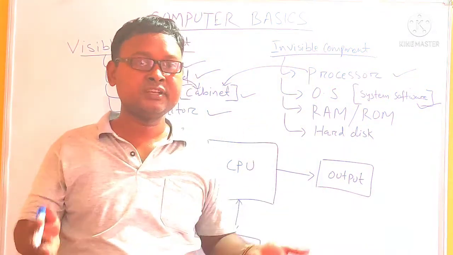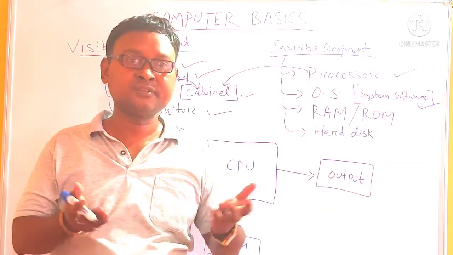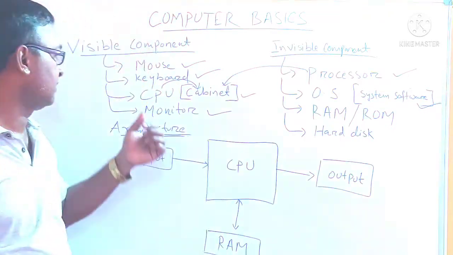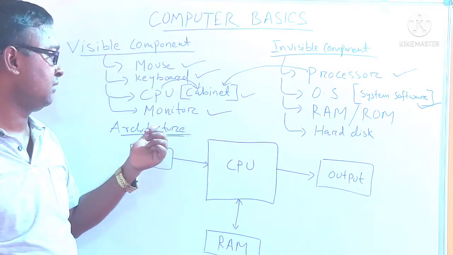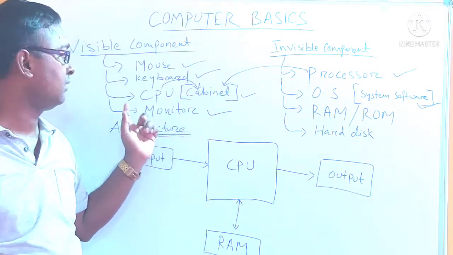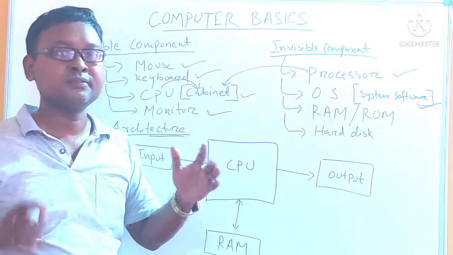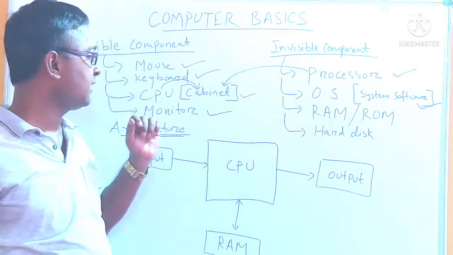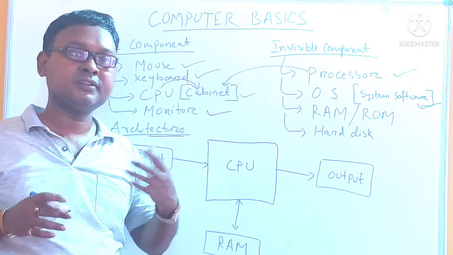The computer you purchased is visible to you: a monitor, a CPU cabinet, a keyboard and a mouse. These four things are in front of you. These are the physical devices available in front of you.